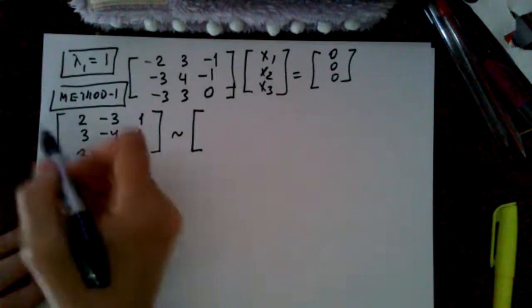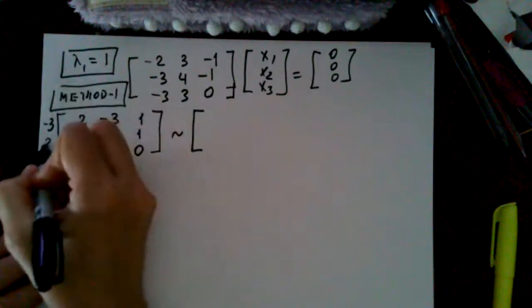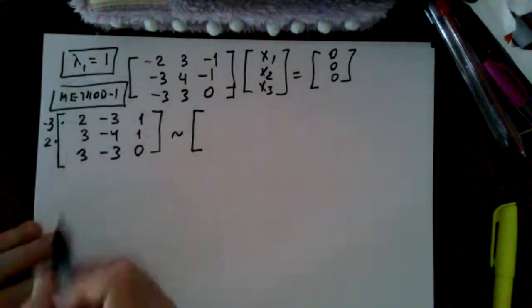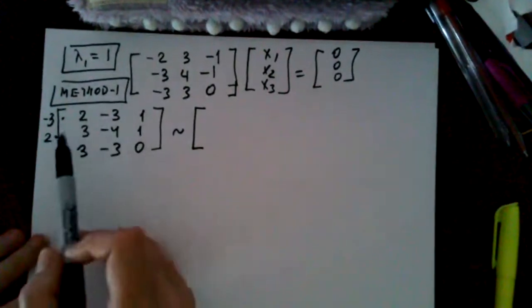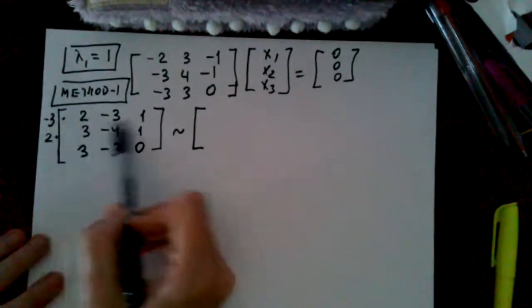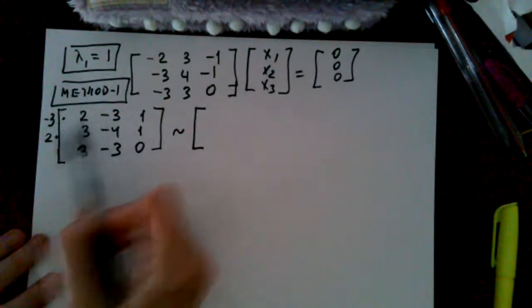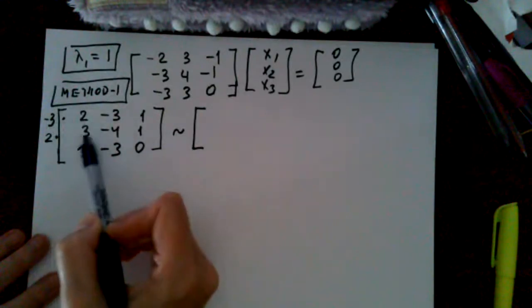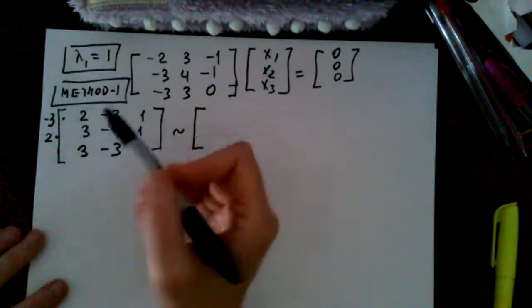You know what I do? I multiply the first row by minus 3 and the second row at the same time by 2. Sounds very fancy, but it's better than dealing with fractions. Look at this. If you multiply the first row by minus 3, the first element turns into minus 6. And the second element turns into plus 6. And if you add them together, you will have 0 here.